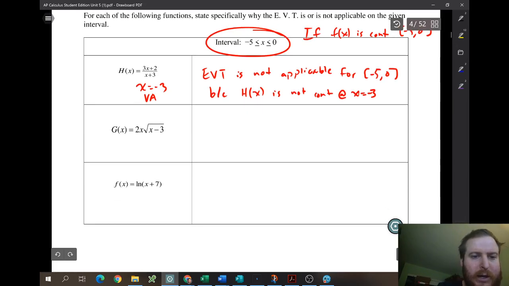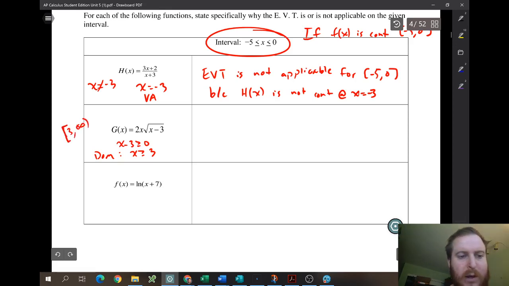In this one, anytime we have a square root, you set the inside of your square root to be greater than or equal to 0. So x has to be greater than or equal to 3. So any values greater than or equal to 3, that's our domain, right? Here our domain was x cannot be -3. Here our domain is essentially x is greater than or equal to 3, or basically 3 to infinity. So it would be with a bracket. Now, that means everything from -5 to 0 doesn't exist.